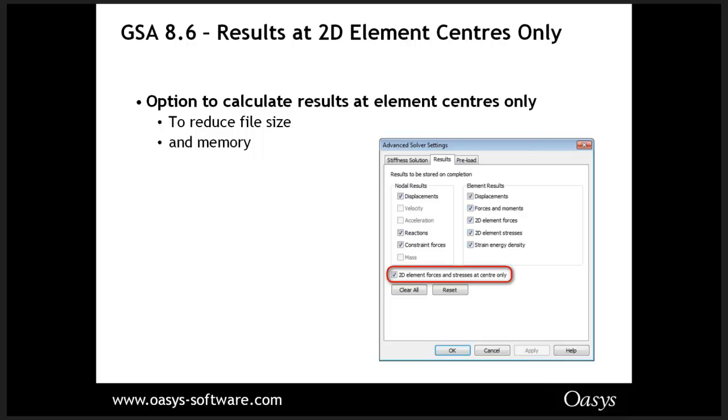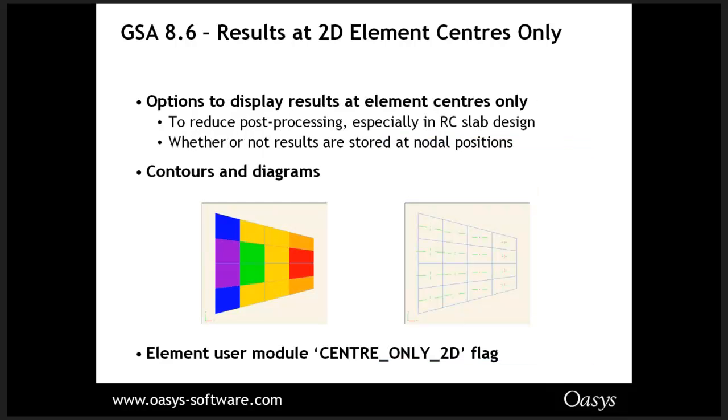That will reduce the amount of memory used by your model, as well as the file size. But whether or not you choose to store the results at centers only, you can choose to display results at centers only, whether as contoured display or diagrams. And you can imagine that that will significantly speed up the post-processing.